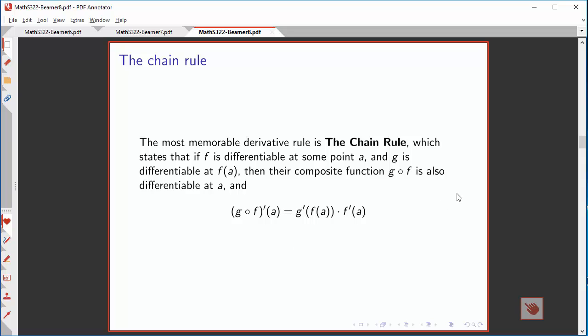The best of all the differentiation rules is the so-called chain rule, which allows us to differentiate composite functions like the sine of x squared.